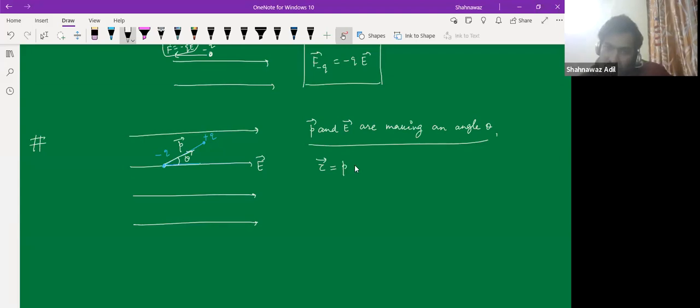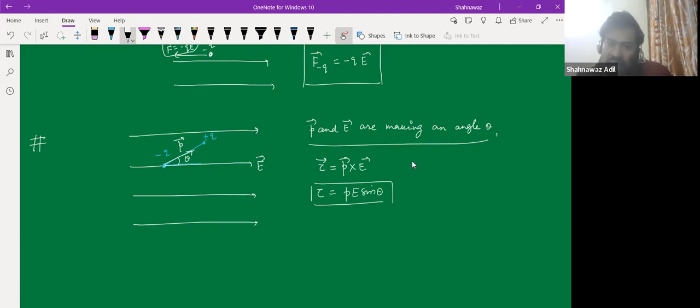This is P cross E, right? And then what is the magnitude? This is PE sine theta. This is the torque in a uniform electric field on a dipole, right?